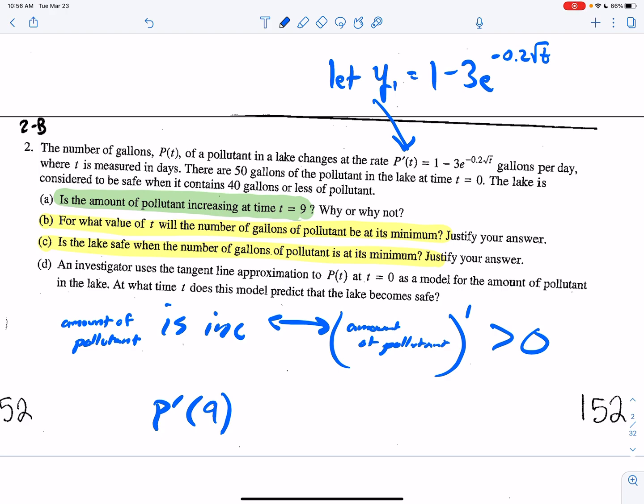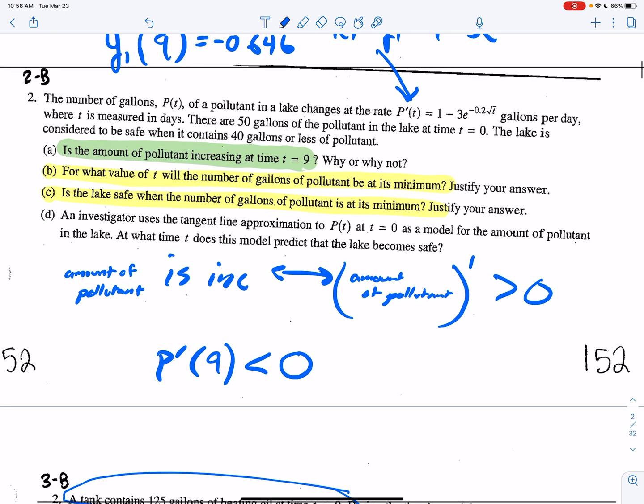Go to your home screen. So second mode, you're going to go to your home screen. And here's the cool thing. You're going to do alpha trace y1 parentheses, and plug in your number. So on your screen, you're really doing y1 parentheses 9. It's that easy. It comes out to negative 0.646. So we know that this comes out negative. What are the implications? They're asking, is the amount of pollutant increasing at this time?